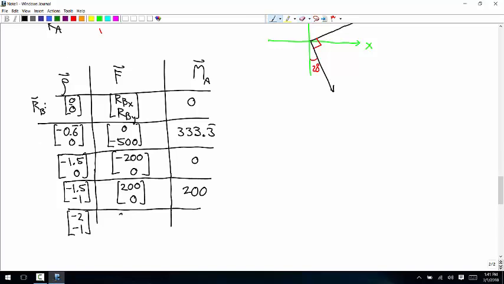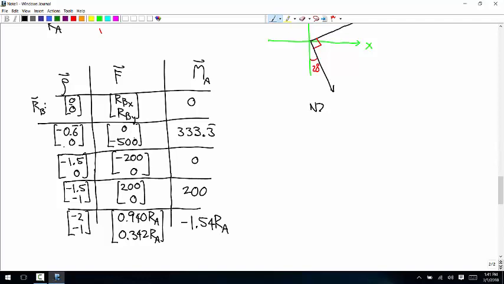So that's 0.940 RA, 0.342 RA. And the cross product is, I can't do that one, negative 1.54 RA.